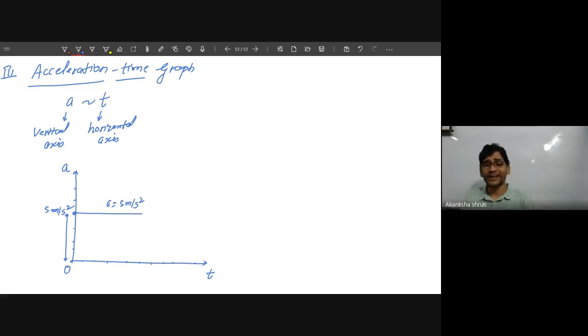Acceleration is possible only if there is a change in speed or change in velocity. Students, when this change is possible, the object is in motion. So even if the a-t graph is like this one, it indicates the motion of an object with constant acceleration.